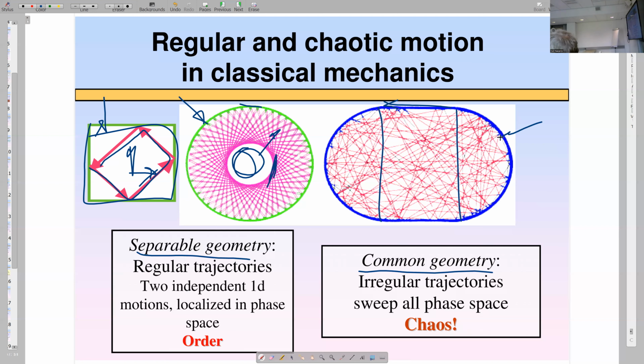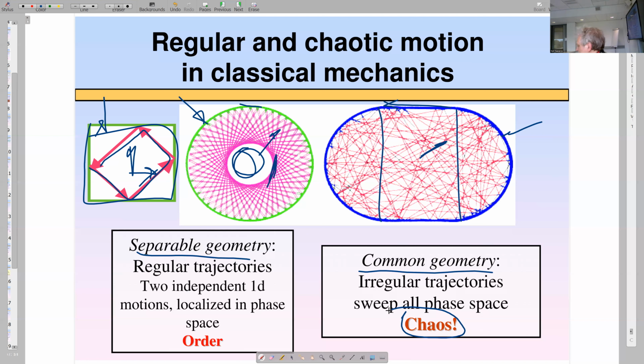As you see, the trajectory here covers the whole billiard, becomes very democratic. And it's completely disordered and unpredictable. If you find an electron here after several collisions with the walls, it will have an absolutely different velocity, and you can't really predict it. So this is what is called chaos in classical motion.